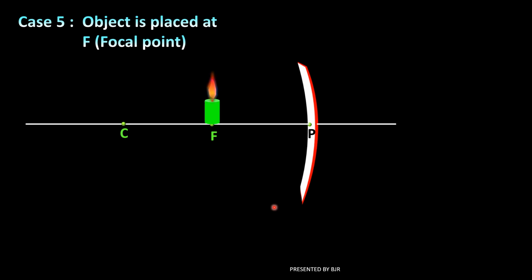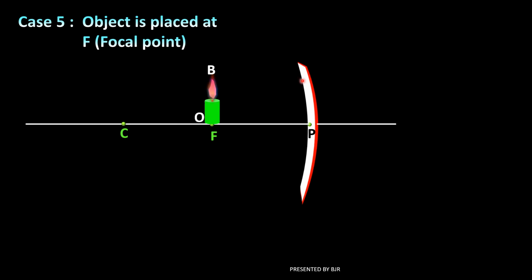Now the same 2 rays I will draw from the tip of the candle here, B. So OB is the object. So here I am taking the 2 rays from the same point B. The first ray I am drawing here, which is parallel to the principal axis, falling on the mirror.